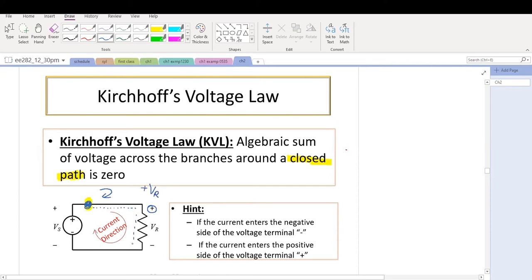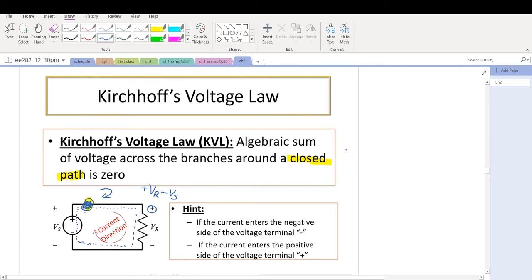And then I go again here, nothing, no voltage. And then here, I will have a voltage, but I cross the negative sign first. So in this case, that will be minus Vs. And then I pass this device and come back to the same place.